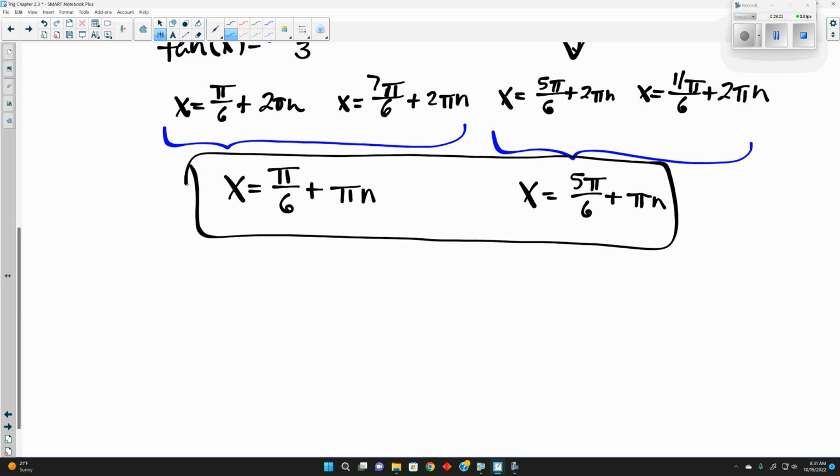These two here are just a simpler way to write it. Now, with the first two, we couldn't write it that way because those were not pi apart. So it would have been harder to rewrite it as a single expression with them being not 180 degrees or pi units apart from each other. But since these are, we can simplify to this here.